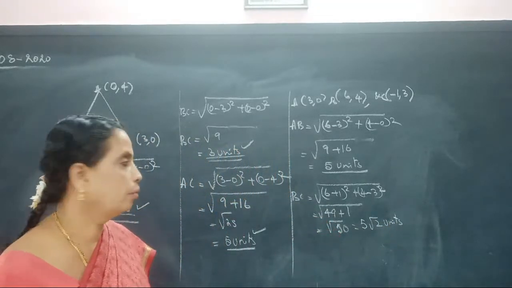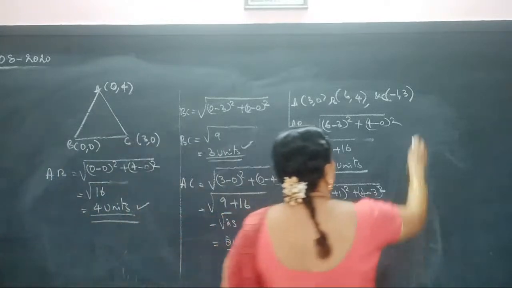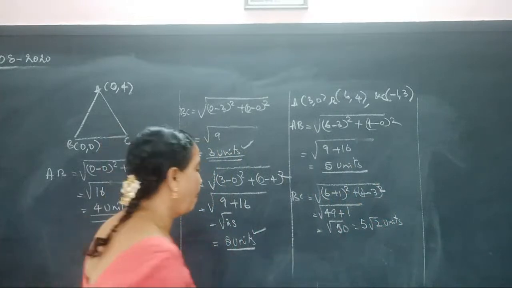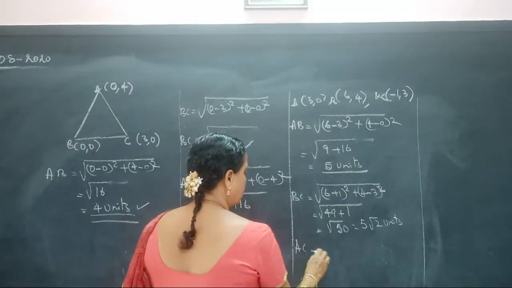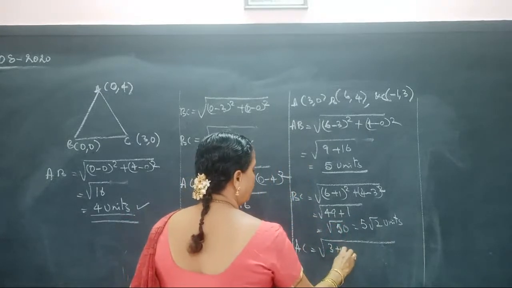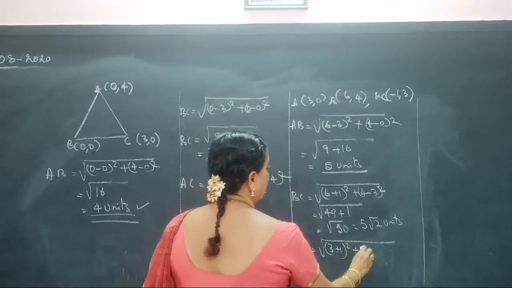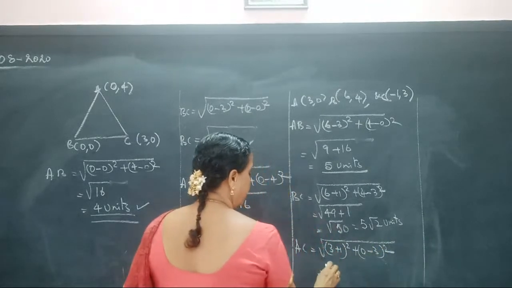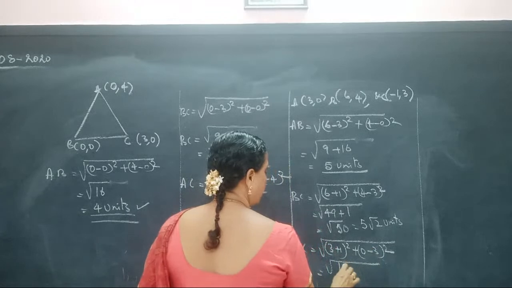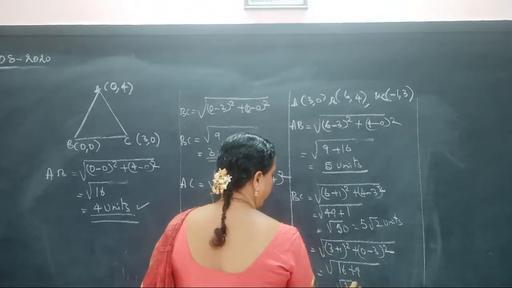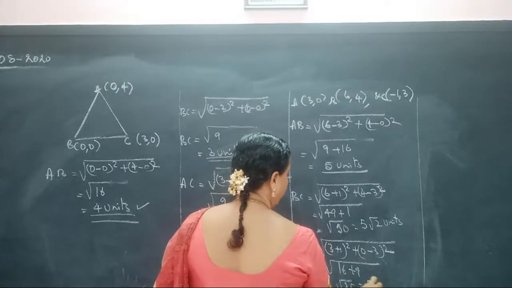Then find out AC distance. Shall I write here? Are you able to see? AC distance is root of (3 plus 1) whole square, (0 minus 3) whole square. It is root of 16 plus 9, root of 25, 5 units.